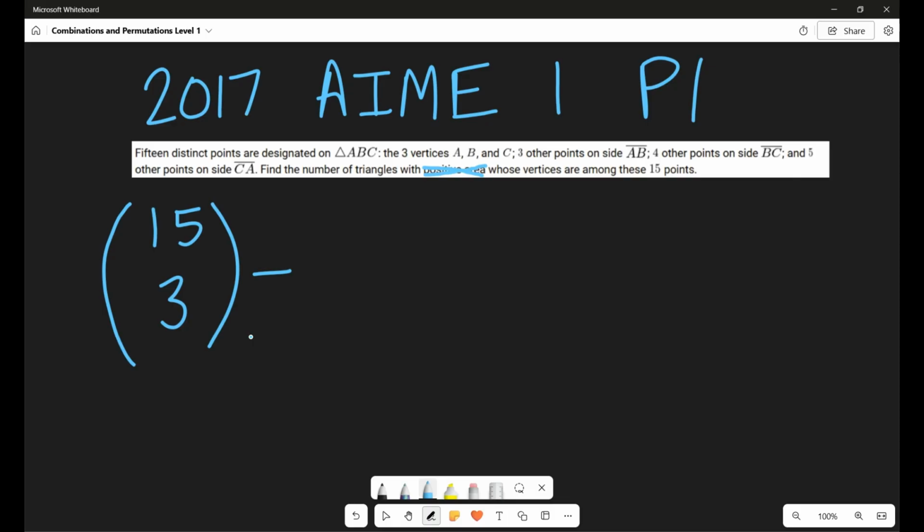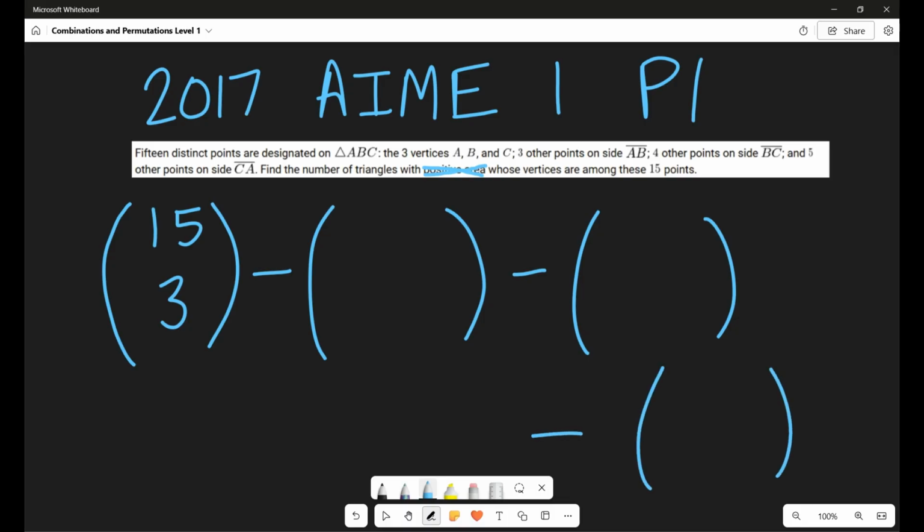So now we have to count how many triangles we can find with area 0. And the only way for that to happen is if the three vertices of our triangle lie on the same line. So then we'll get 3 other combinations to subtract, one for each of the sides of triangle ABC.